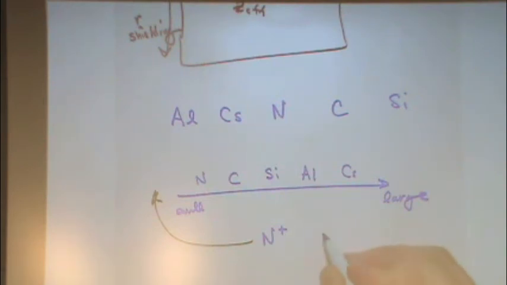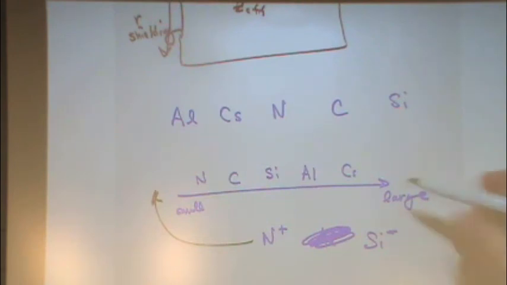So likewise, if we had, say, aluminum 3+, no, that's not what I wanted. Let's do silicon minus. Then just by the mere fact that you see an anion, you're just going to toss it on the largest side. Okay? So anions, the opposite of cations, are significantly larger than the neutrals.